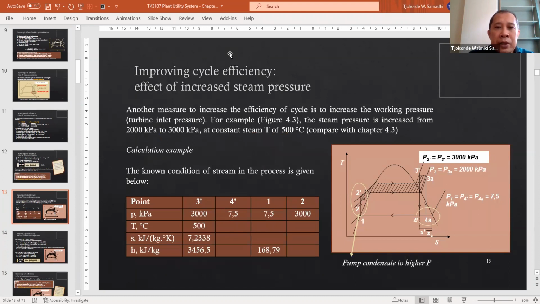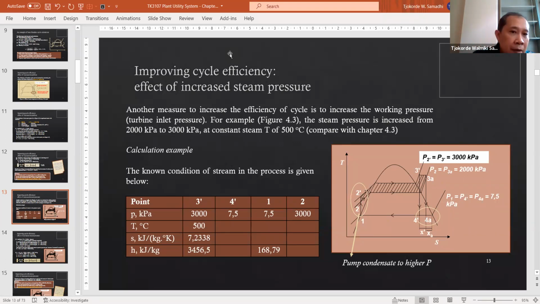Second way to improve efficiency is to increase steam pressure. Okay. Again, this can be easily explained by following the basic Rankine cycle analysis. This has practical implications because if you look at these two, actually you can do these two things simultaneously.